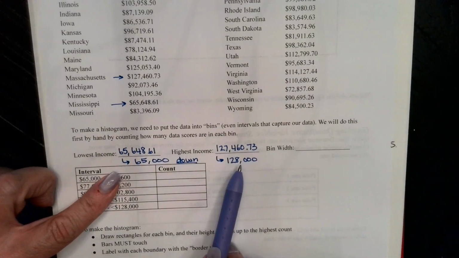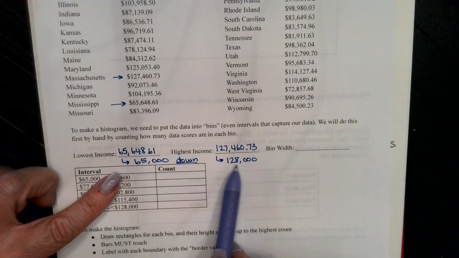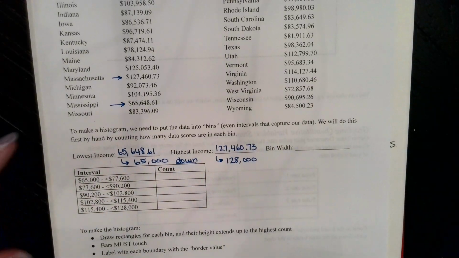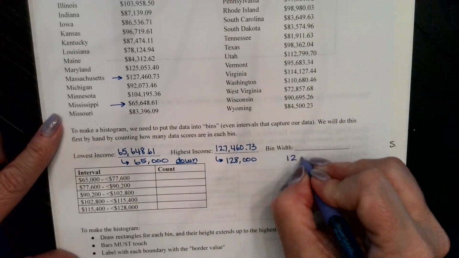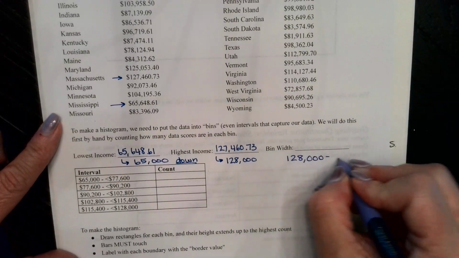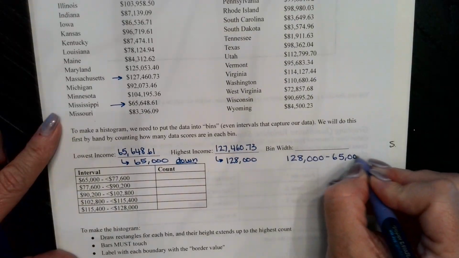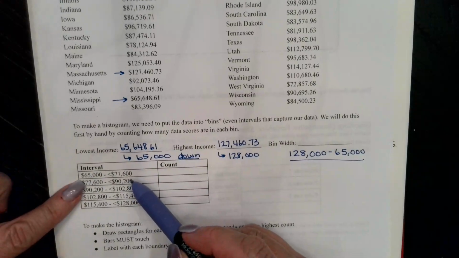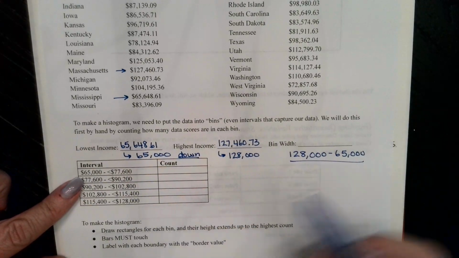Okay, so to find my bin width, I'm just going to take the difference of this by the number of bins that I want to use. So I would have 128,000 minus 65,000, and I'm going to divide this by the number of bins. Here I've already done this for you: 1, 2, 3, 4, 5 bins.